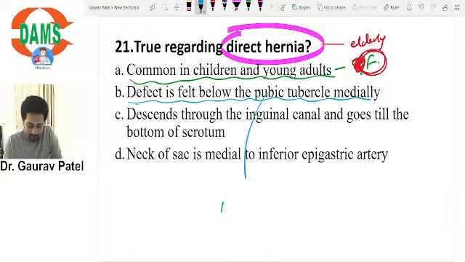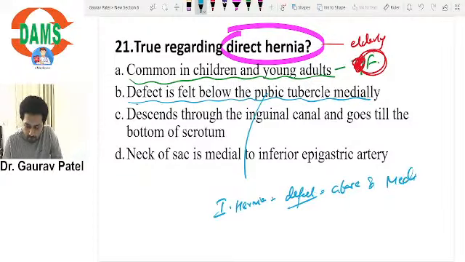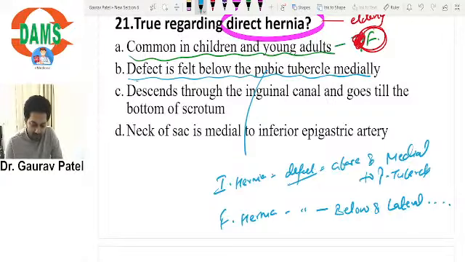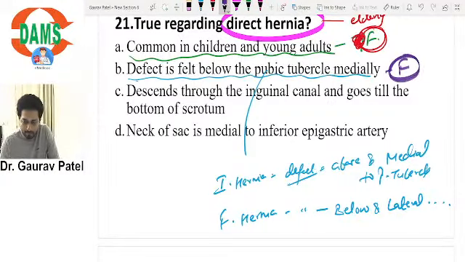In inguinal hernia the defect is above and medial to the pubic tubercle. In femoral hernia the defect is below and lateral to the pubic tubercle. So saying the defect is felt below the pubic tubercle is again a false statement.